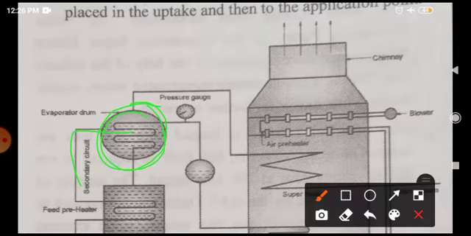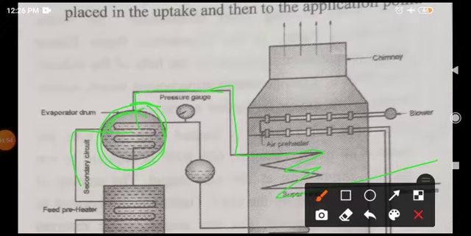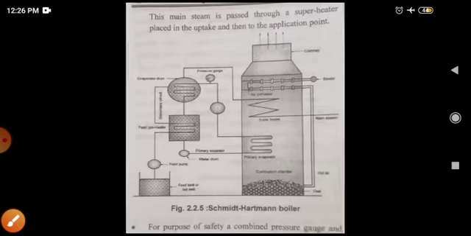In this evaporator drum, water gets converted into steam, and again it is supplied to the boiler, where it gets superheated and provided to our system, the steam turbine, or wherever we have to use that steam. Like this, this boiler works.